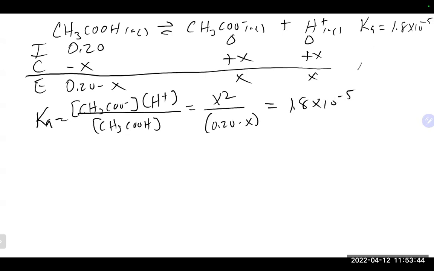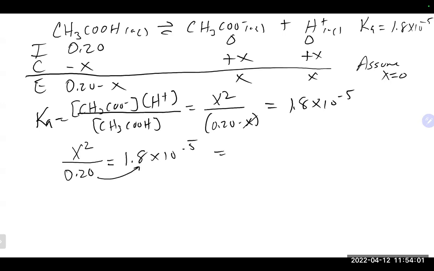I'm going to assume here that x is approximately 0 as we have a small value for K. That gets rid of that x and gives us x squared divided by 0.2 equals 1.8 times 10 to the minus 5.